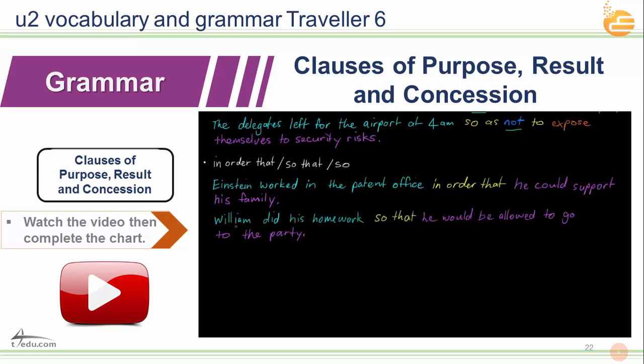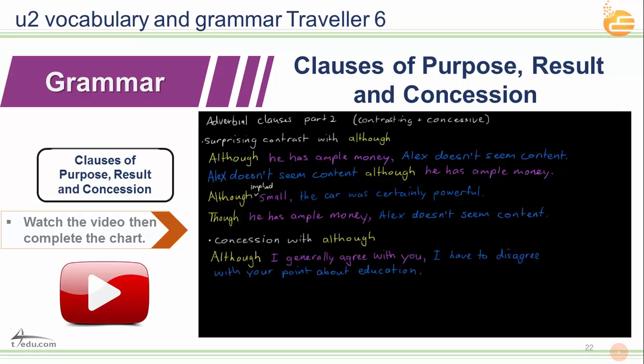Let's look at another one. William did his homework so that he would be allowed to go to the party. So same function here. They are interchangeable. And then finally, Maria worked at the supermarket so she could afford university. This is a slightly simpler version.